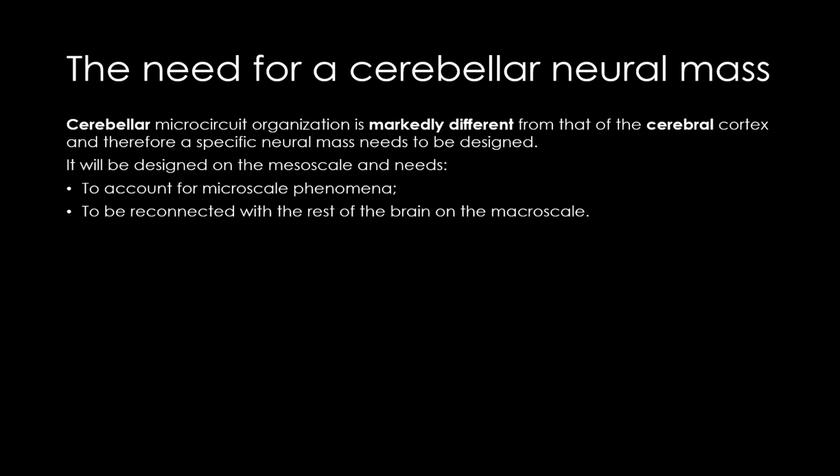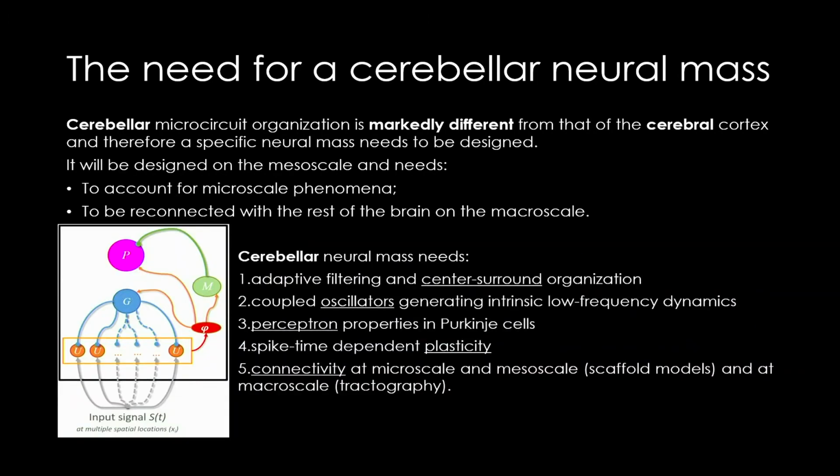This is because cerebellar microcircuit organization is really different from the cerebral cortex organization, and in particular we have to introduce this kind of new model in order to account for microscale phenomena. And here is just a representation, but Claudia will talk about that.